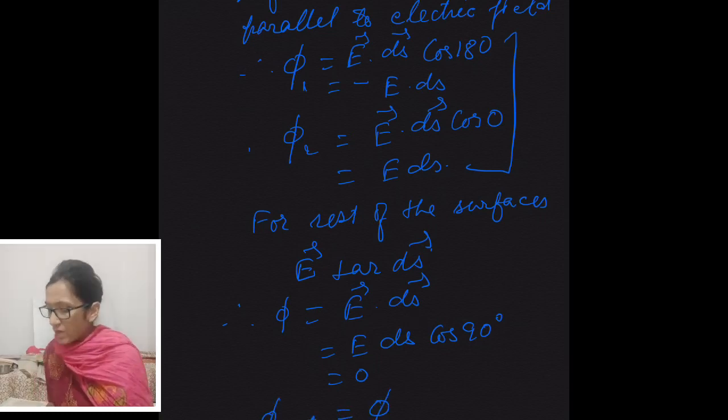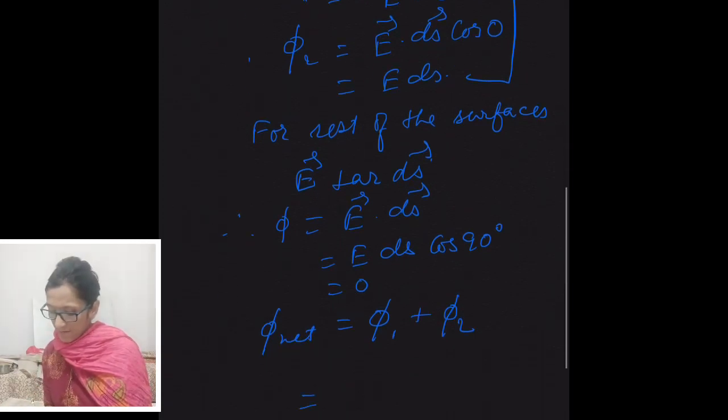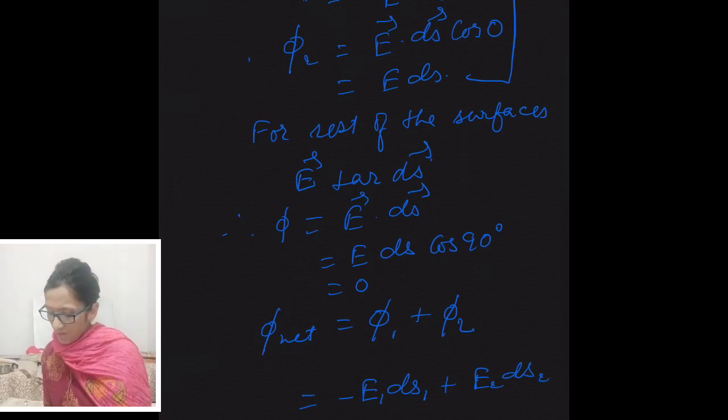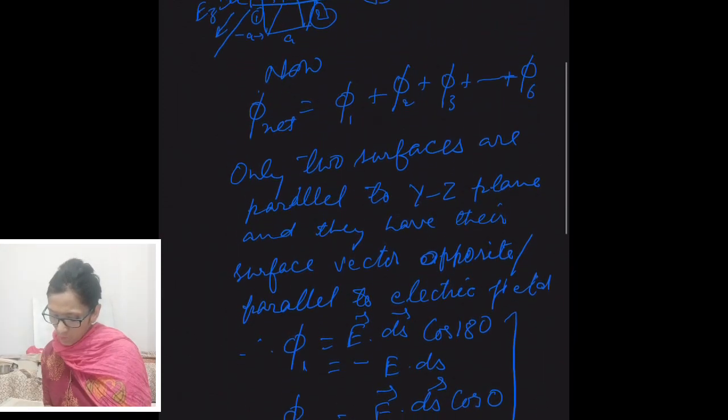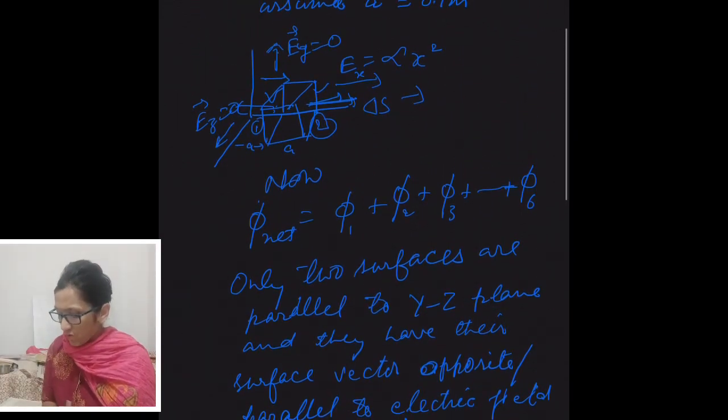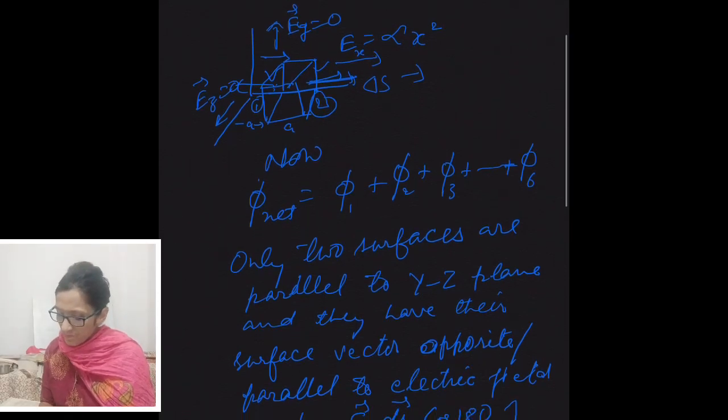So for the total flux phi net, we have to add only phi 1 and phi 2, and this is equal to minus E1 ds1 plus E2 ds2. So let us write the values of E and ds at these places.